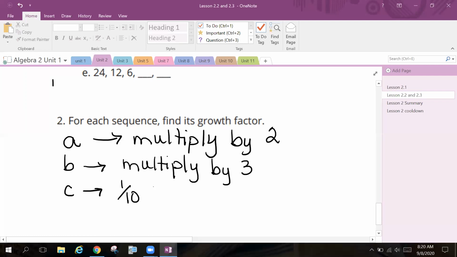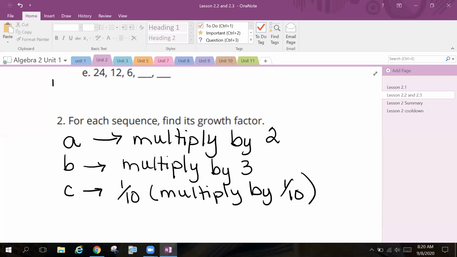And I should have put multiply by 1/10. But yes, you can use division to solve for it, but when you write it out to describe it, because it's a geometric sequence, you have to write it as multiplying by the reciprocal. Okay.